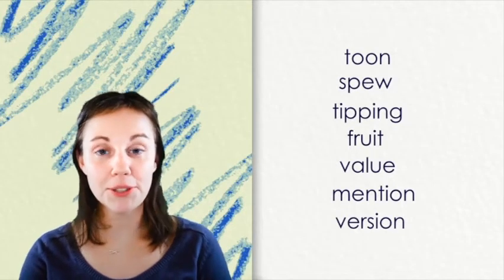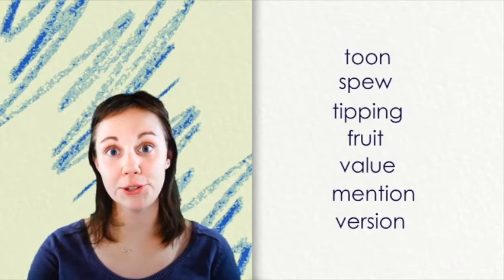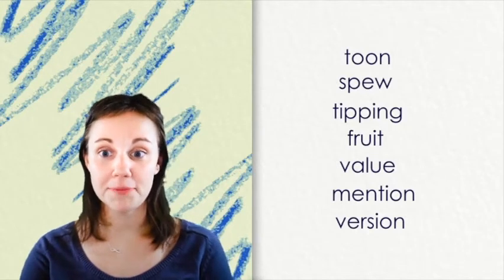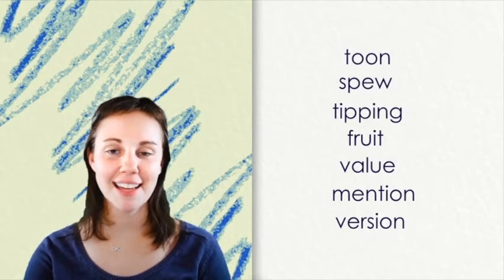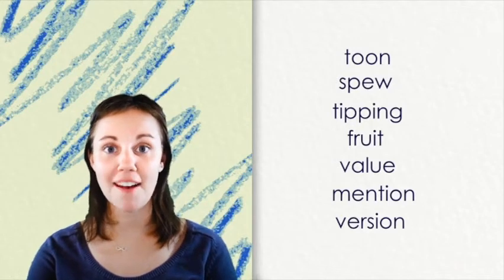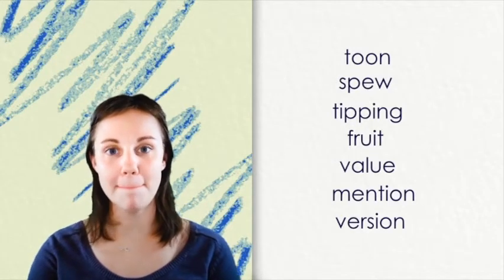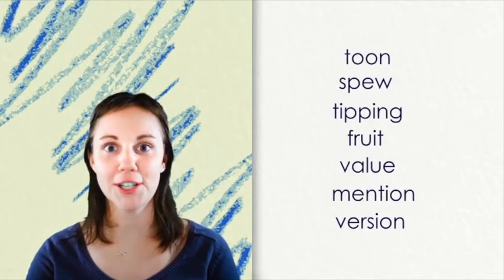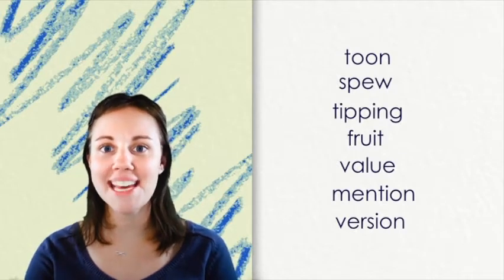Okay, how did you do? Did you get tune, spew, tipping, fruit, value, mention, version? Amazing job. Here, we'll do the same thing, but with some of the high frequency words we've been practicing.